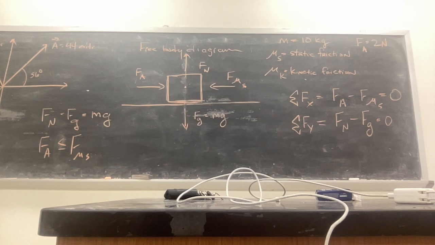That's why we've got to say the applied force is either smaller than or equal to the friction force, because it could be all of those forces smaller than up to the friction force. But once we exceed the friction force, then the box is going to move.